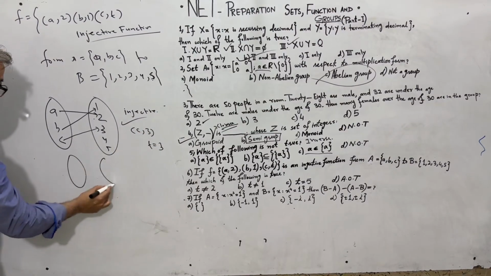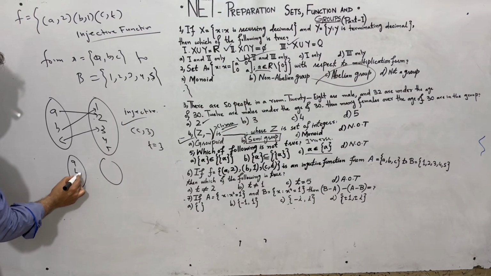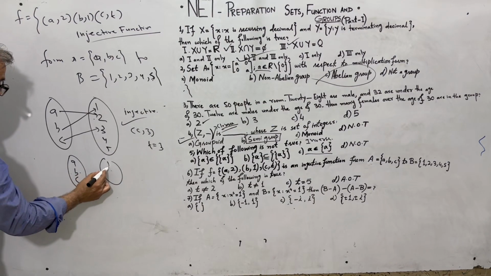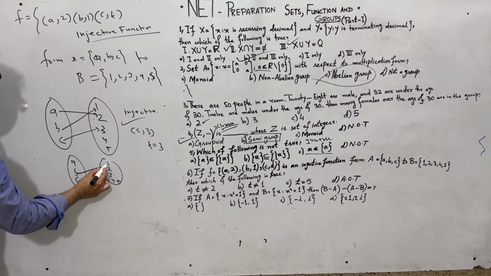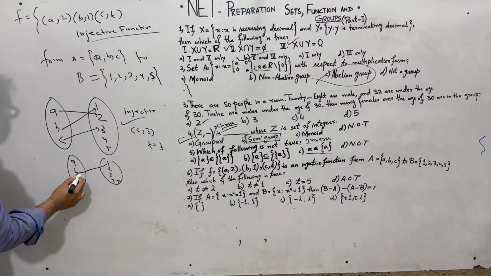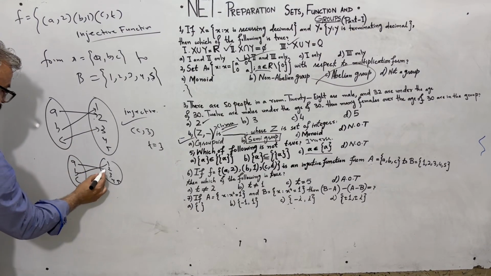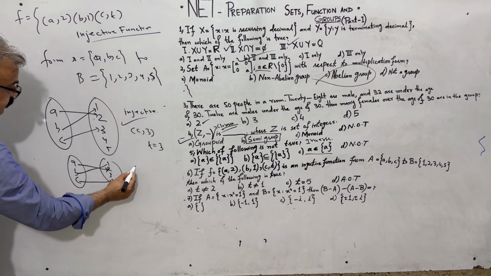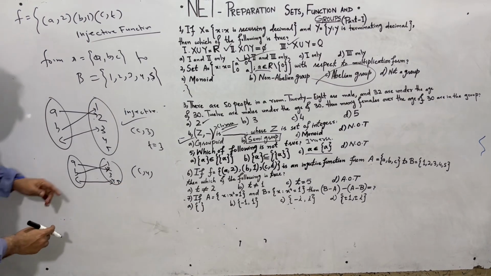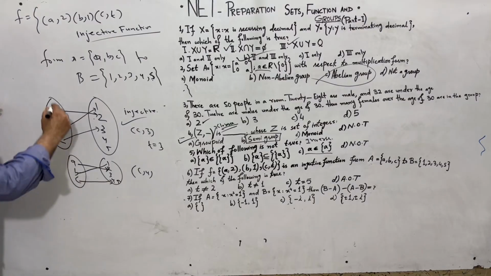Another possibility. Here it is A, B, C and there is 1, 2, 3, 4, and 5. B with 1, A with 2, or you can take C with 4. Then it is also injective.